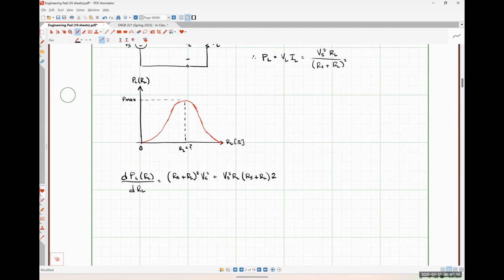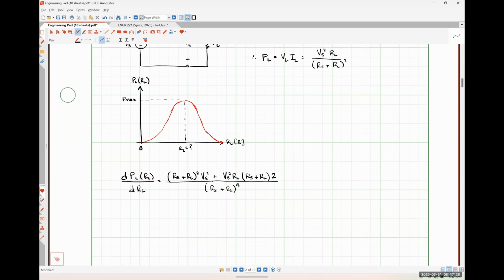I'm going to put my 2 out here, and I'm going to divide this by (RS plus RL) to the 4th power. So did I do that derivative correctly? What did I screw up?